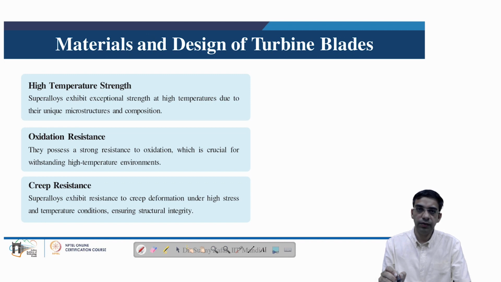The materials should also have oxidation resistance, because there is a strong oxidizing environment because of high temperature. The material should also exhibit creep resistance, which is the ability to resist deformation under constant stress and high temperature, which ensures structural integrity of the gas turbines.